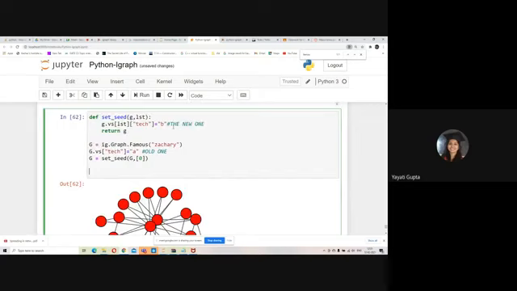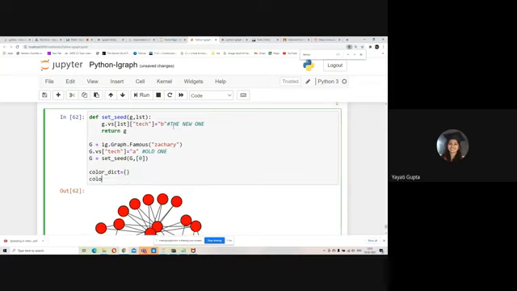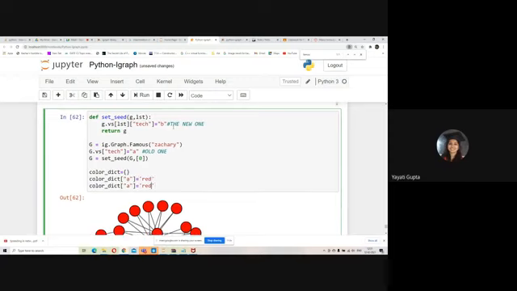So how do I visualize it? Again, making a color dictionary here. Let's say the color for technology A should be red, and that for B should be green.